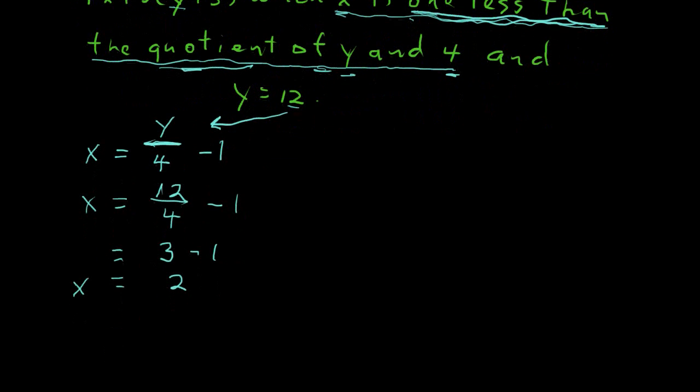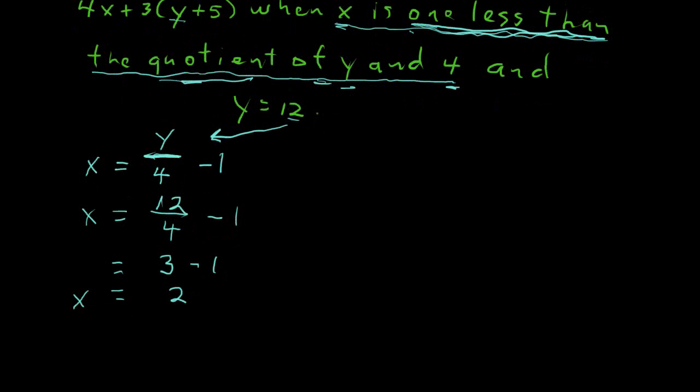Now we can go back to our original algebraic expression, and we can replace x with its value. We know what that value is now. It's 2. And we can replace y with its value, and that value is 12. So let's write down the full expression first without replacement.